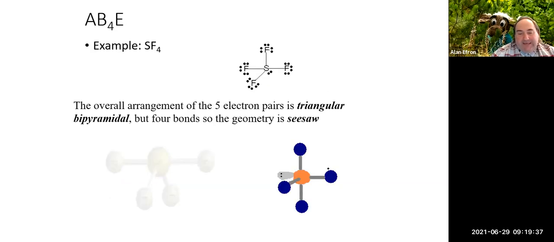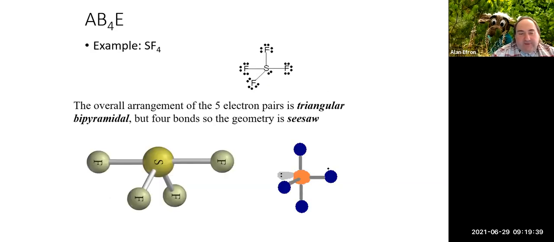Let's take a look at another one that has 5 electron pairs around it and some of the differences that we see in this one. If we look at our central atom, basically 1 electron pair, 2 electron pairs, 3, 4, and 5 electron pairs.